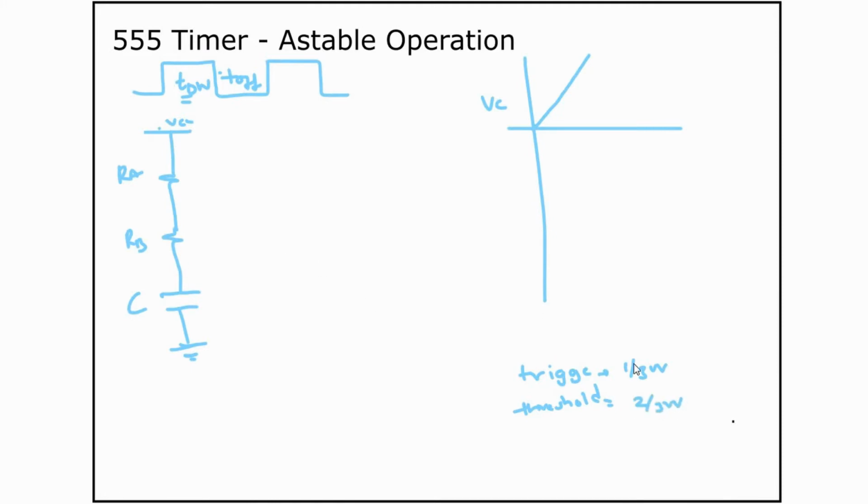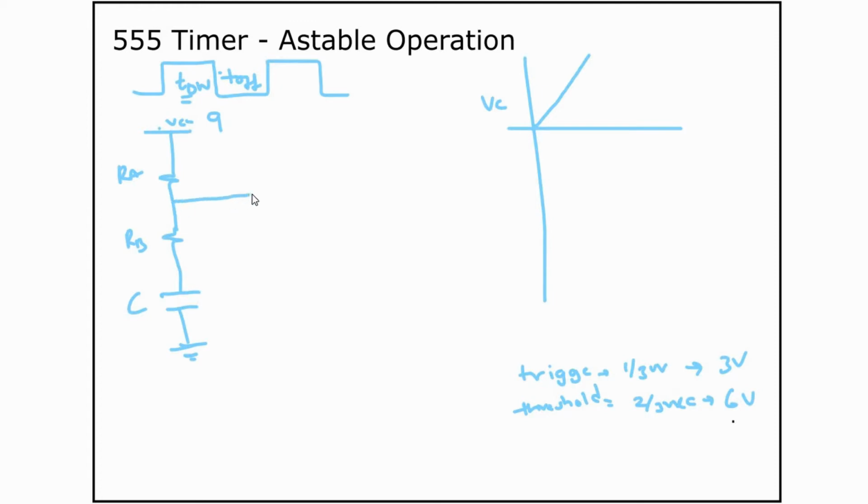For calculation's sake, let's assume the voltage is 9 volts here. So the trigger point is at 1/3 VCC, that is 3 volts, and the threshold point is at 2/3 VCC, that is 6 volts.